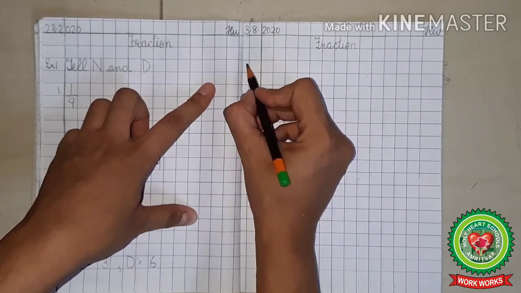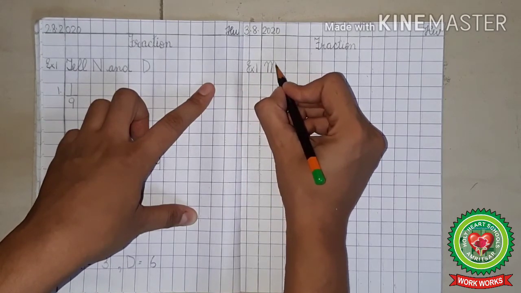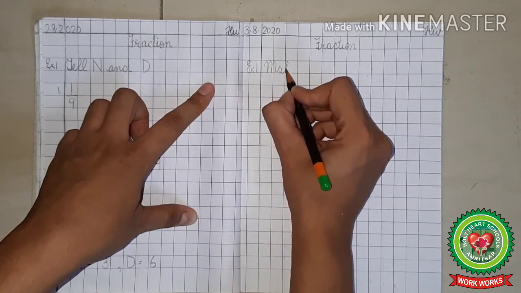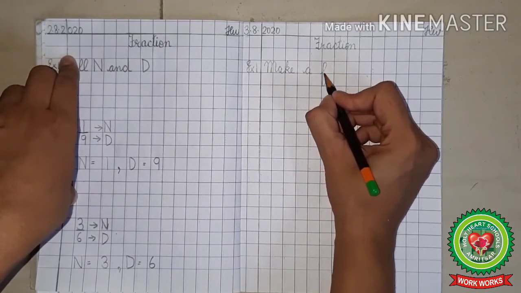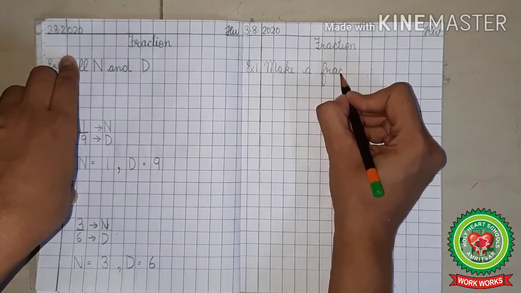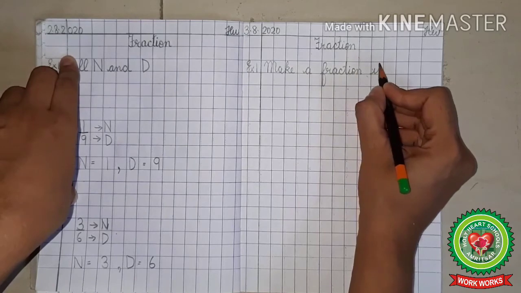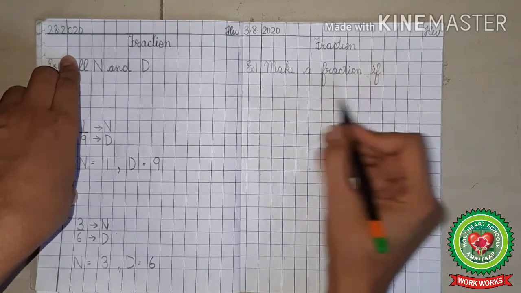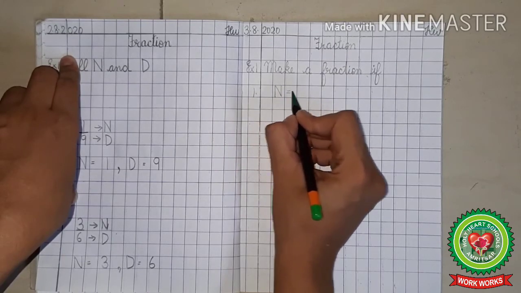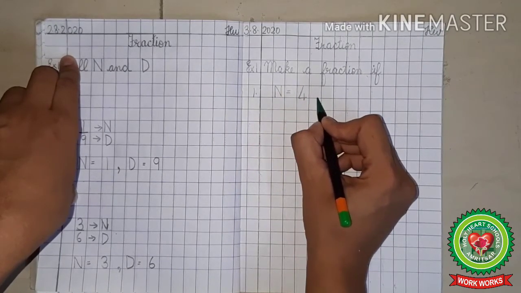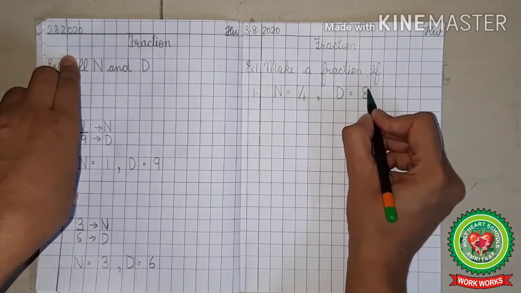We have to write Exercise 1: make a fraction if, number 1, N is equal to 4 and D is equal to 8.